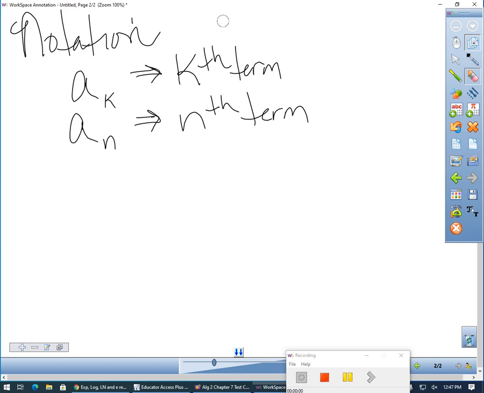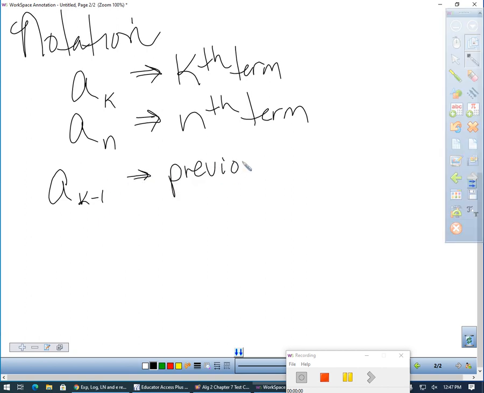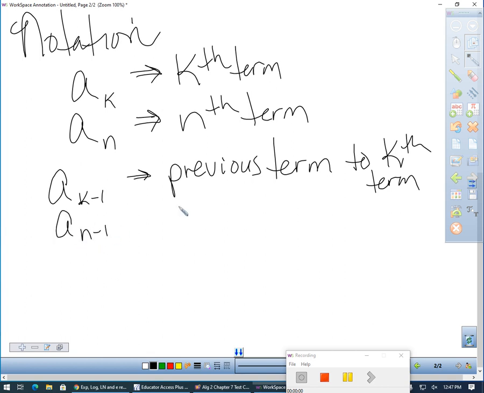If I have a sub k minus 1, this means it's the previous term to the kth term. So it's the one right before that term. It'd be the same if I say a sub n minus 1.